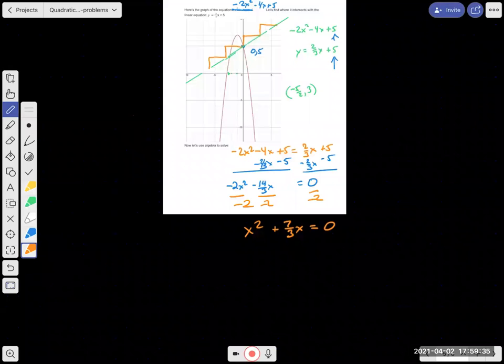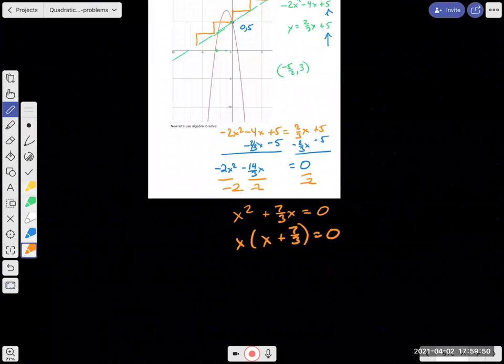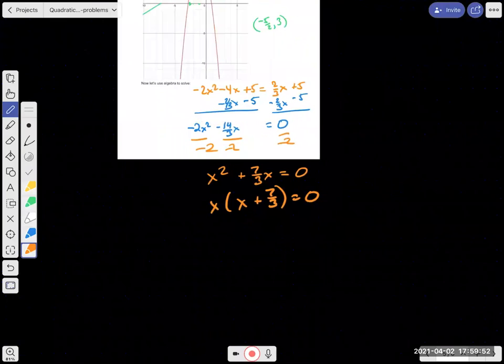I'm trying to think, what's the best thing that I can do? So can I do this? Can I do x plus 7/3 equals 0? And it looks like I can, right? So then I get, if I do that, I get x equals 0 or x equals minus 7/3.